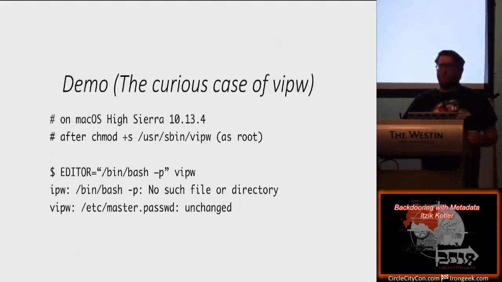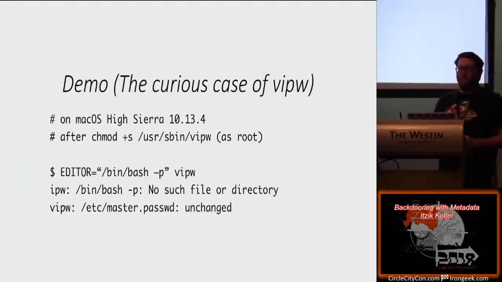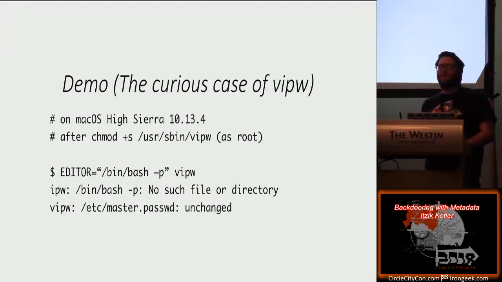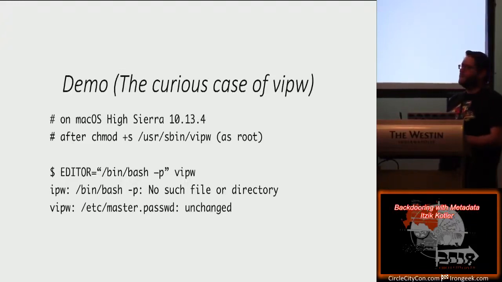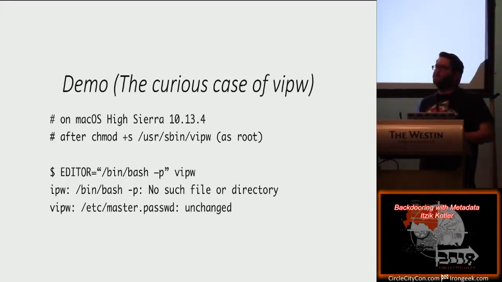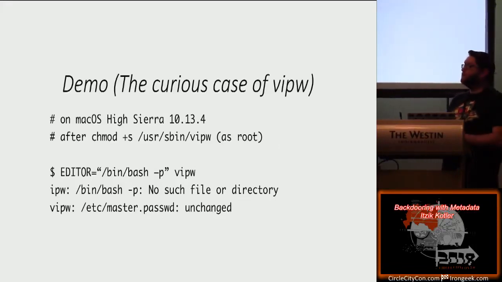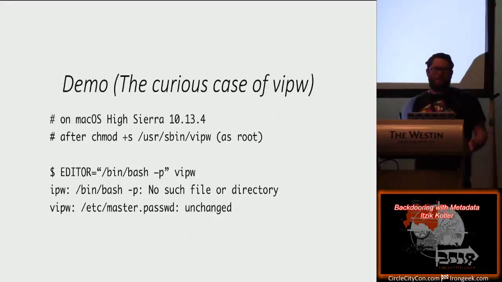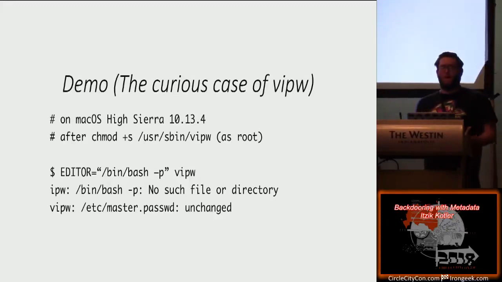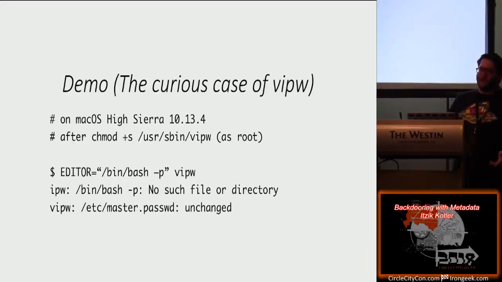And so we found the curious case of vipw. vipw is a utility that allows you to edit the shadow password file on a computer. Like every good utility that allows you to edit a file, it also accepts the EDITOR environment variable for the preference of the user. However, when we tried to run it, we stumbled upon a very interesting error.